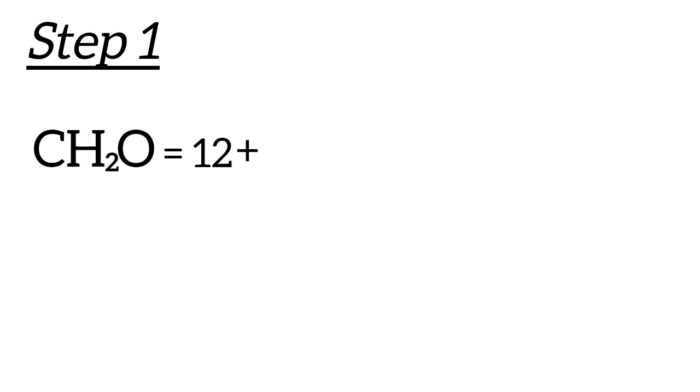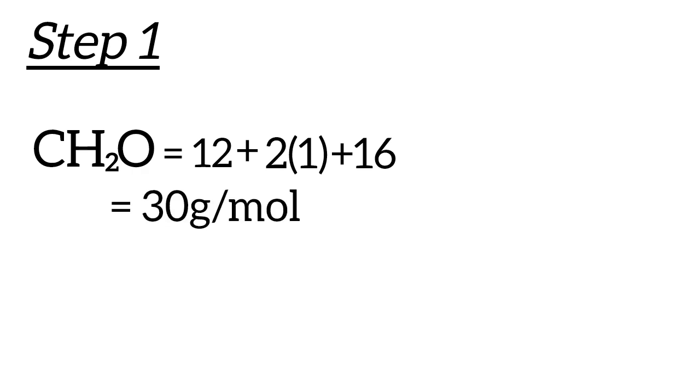There are two atoms of hydrogen there. So that will be 2 times 1. Oxygen has a molar mass of 16. So we have 12 plus 2 times 1 plus 16, and that gives us 30. So the molar mass of the empirical formula is 30 gram per mole.